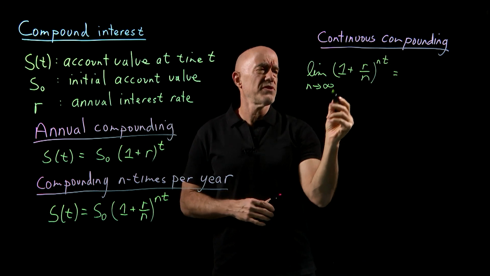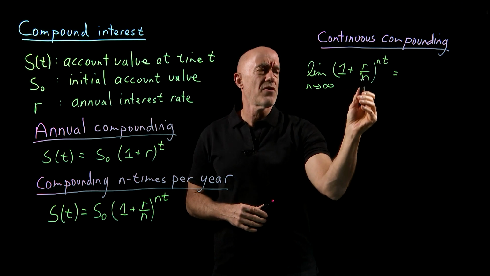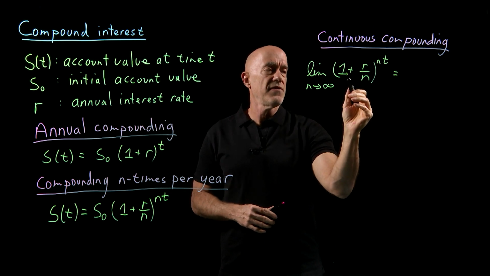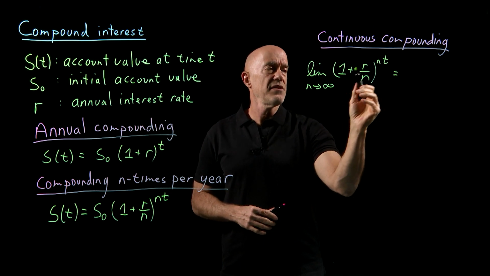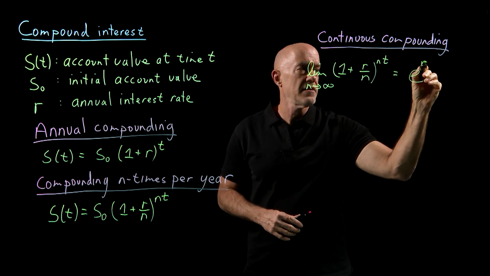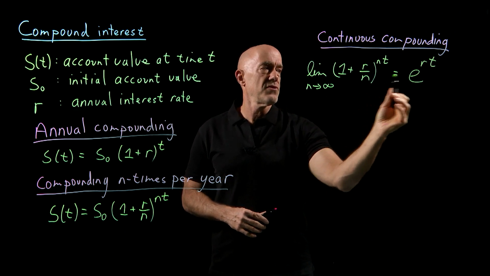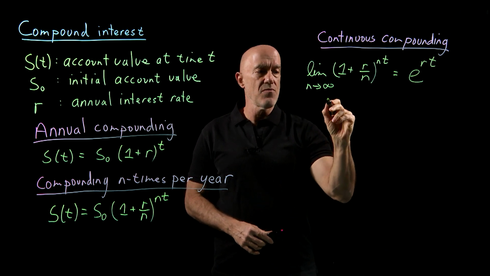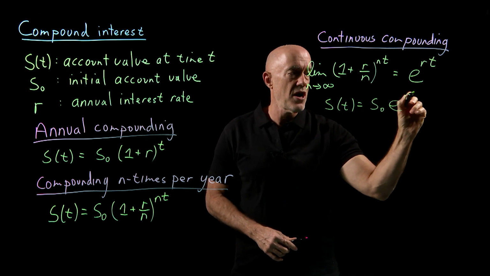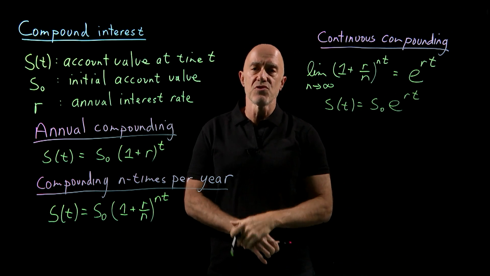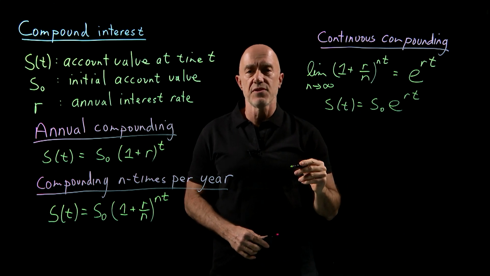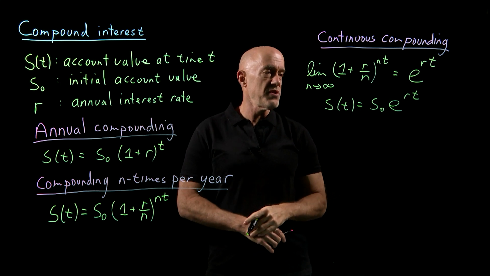You can remember this result by just remembering that 1 plus R over n are the first two terms in the Taylor series expansion of e to the R over n. And e to the R over n raised to the nt power is just e to the RT. So this limits to the exponential function. And then we get S of t is equal to S naught times e to the RT. So you have exponential growth of your money. This grows very rapidly, which is why you want to have compound interest for your retirement accounts.